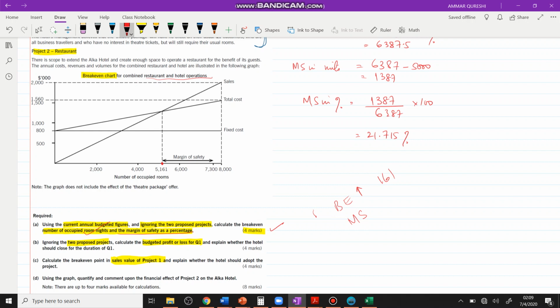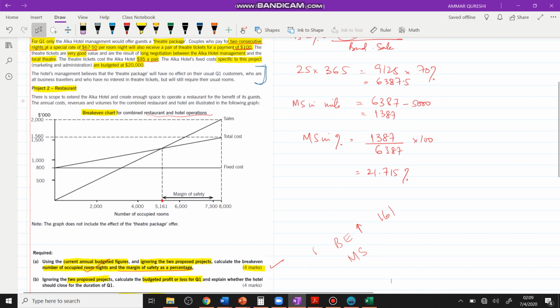Now, what about the margin of safety? Budgeted sales are probably 8,000. No, budgeted sales are 7,300, I guess. Total cost is 1560. Yeah, sales are 8,000.